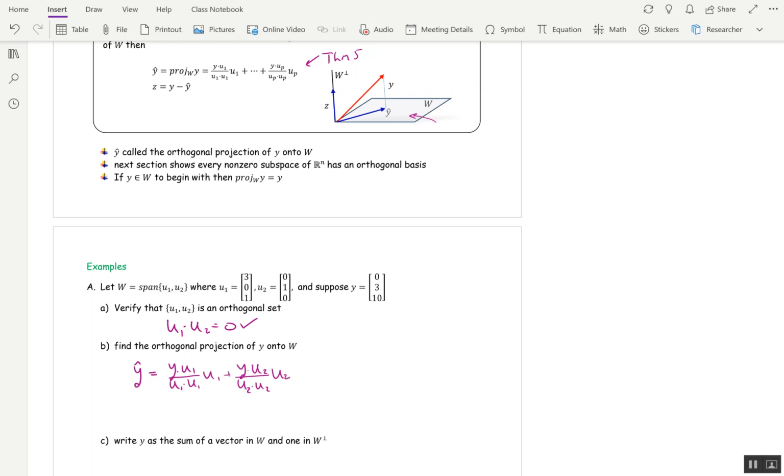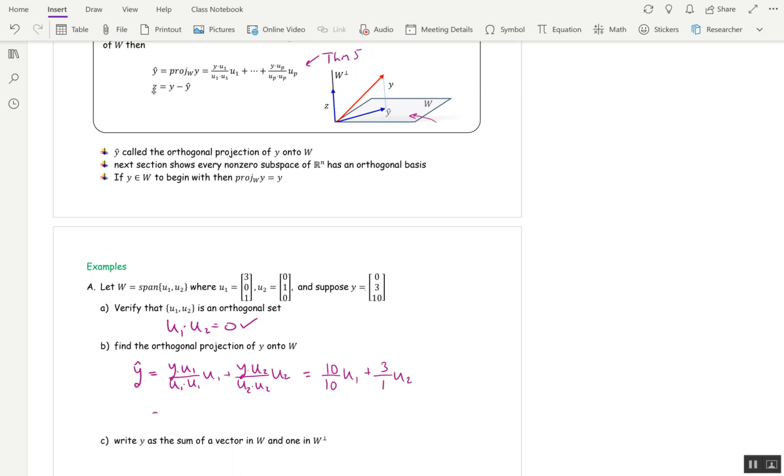All right, let's take Y dot U1, that is 10. U1 dot U1 is also 10. So I'm going to take 10 over 10 U1 plus Y dot U2 is 3. U2 dot U2 is 1.